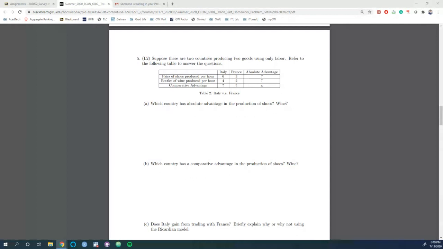So in this case, pairs of shoes produced per hour are supposed to be the MPL of the shoes in Italy, right?